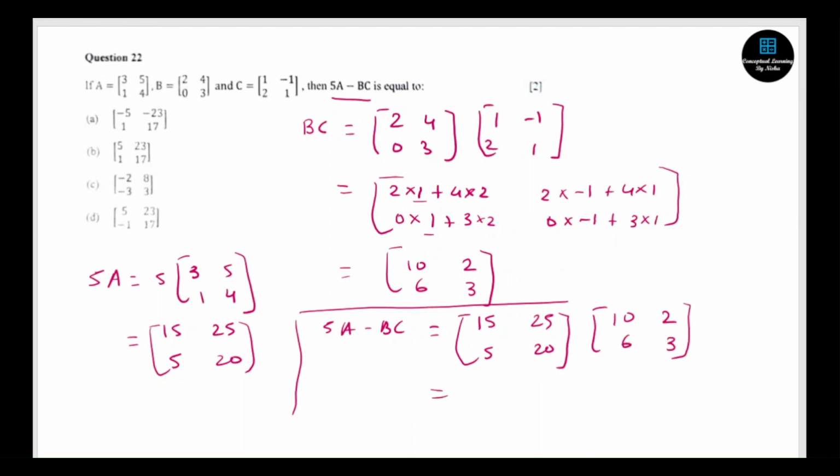When we do the subtraction, I'll get 5, 23, minus 1 and 17. So which is the correct option? D, right?